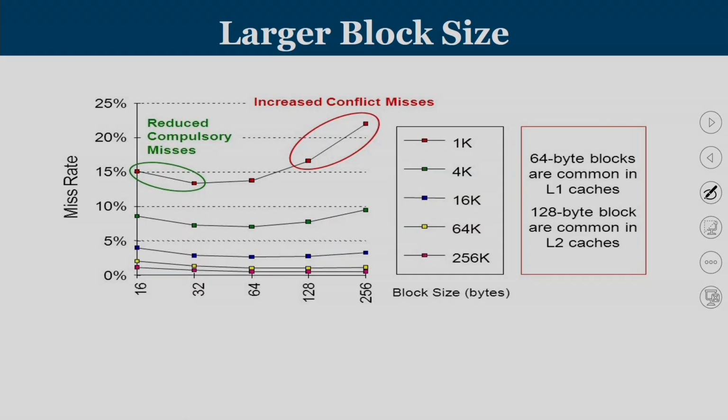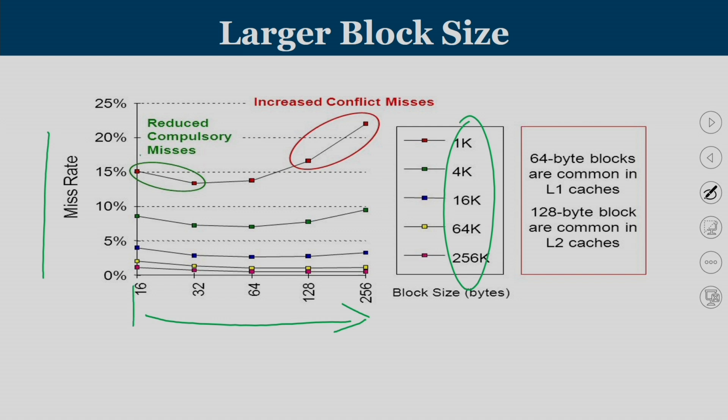This is an illustrative picture of the block size plotted on the x axis and the miss rate plotted on the y axis. When you increase the block size, you can see that these are all different sizes of cache memory. Let us consider the 1K cache, that is the topmost one. When the block size is 16, the miss rate was around 15%, and then it slowly comes down.